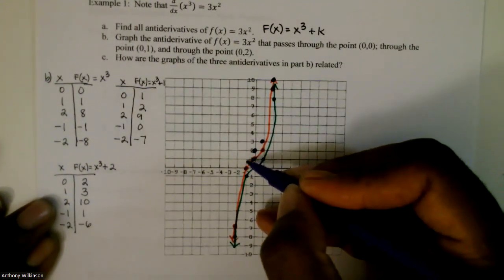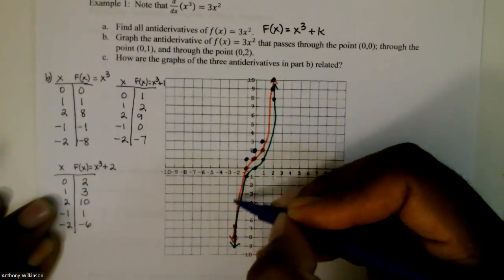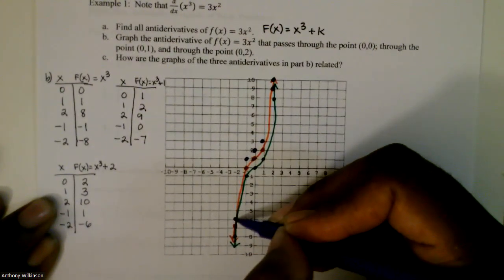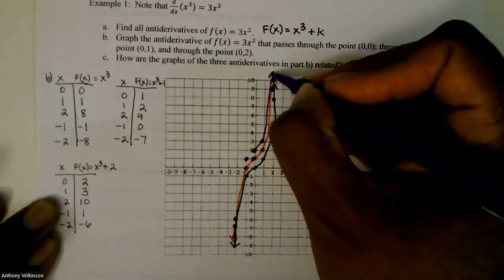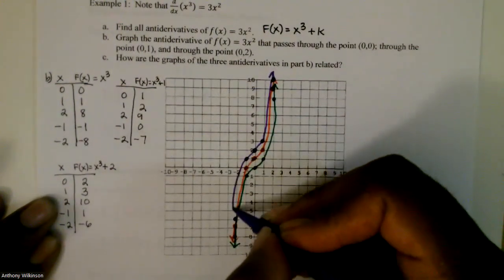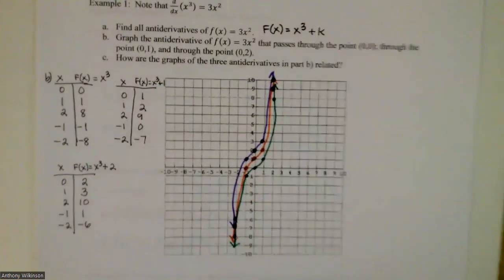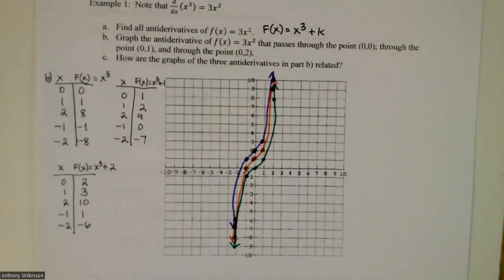Negative 1, 1 will be to the left 1 and up 1. And then negative 2, negative 6 will be down here somewhere. So here's what that graph will be looking like. And these are all rough sketches of the graph of f of x equal to x cubed plus 1, x cubed, and then x cubed plus 2.